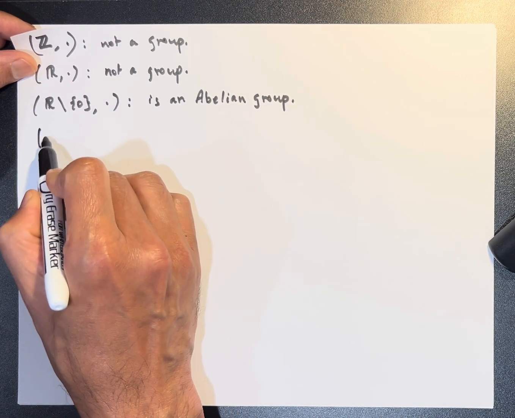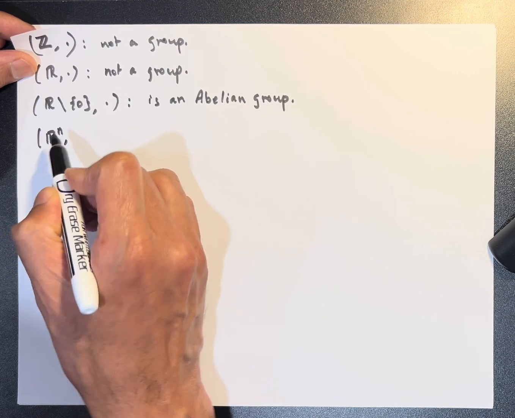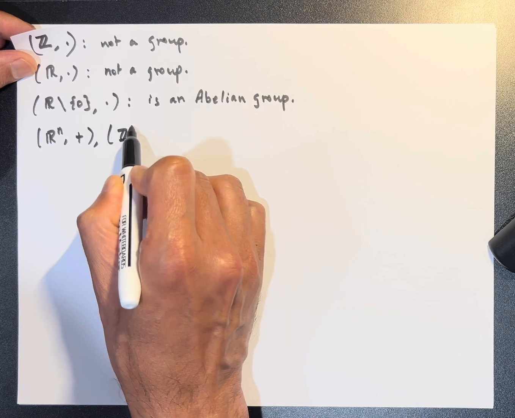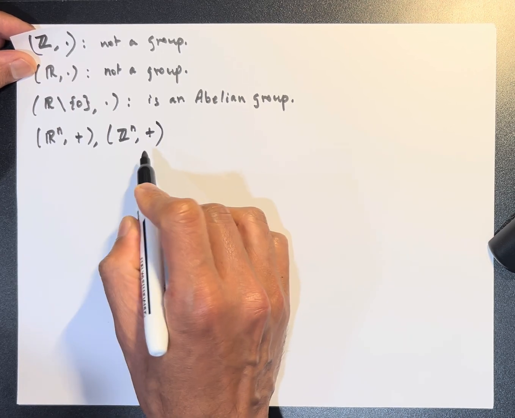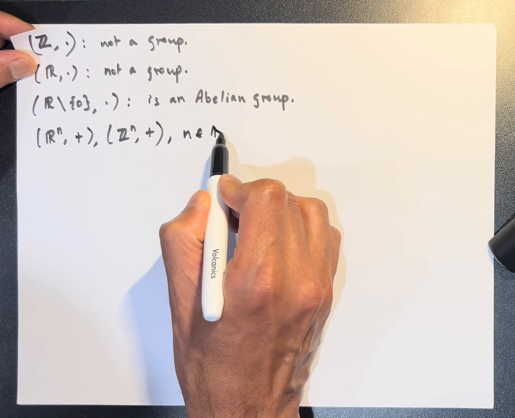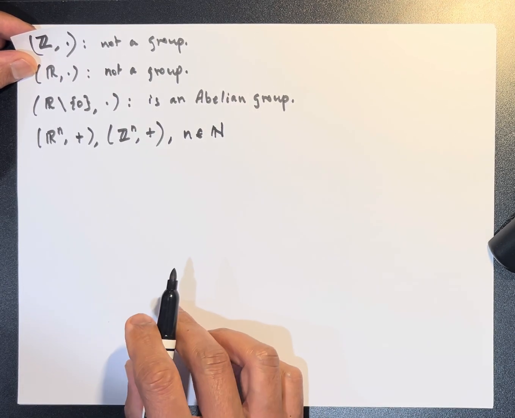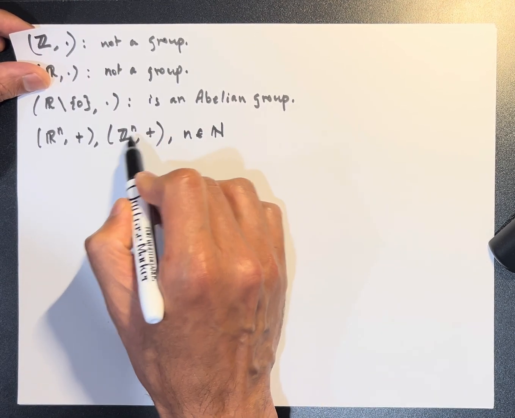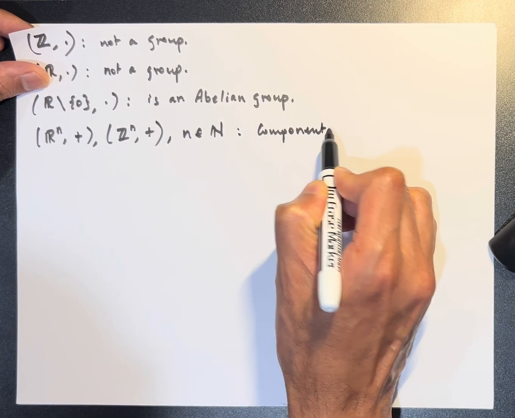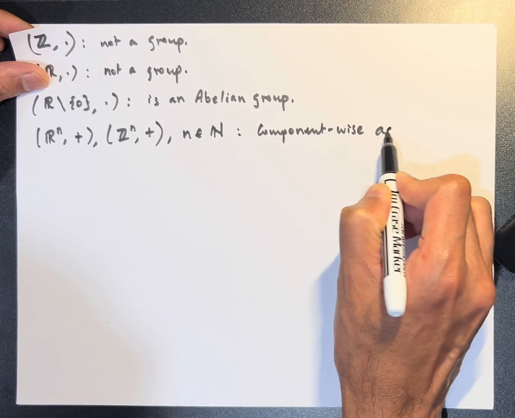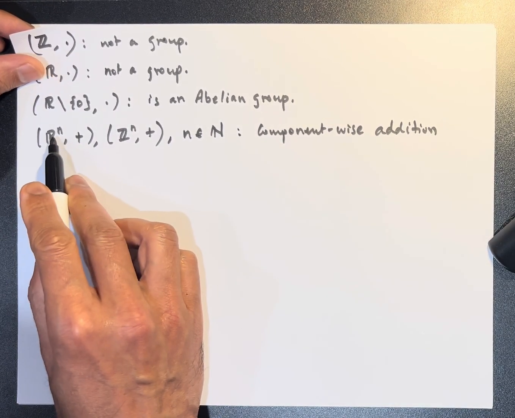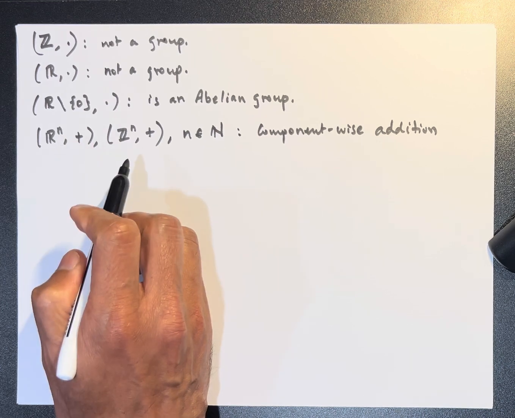And then the next examples are R^n comma plus, and Z^n comma plus, where n is in the natural numbers. These are defined as component-wise addition, which means these are n-dimensional vectors in real numbers and in integers.